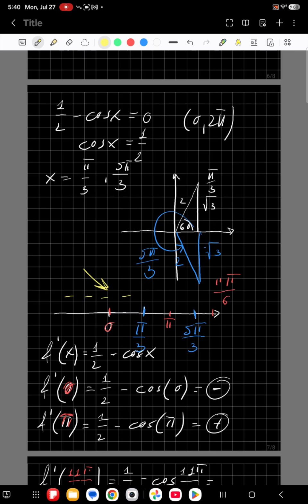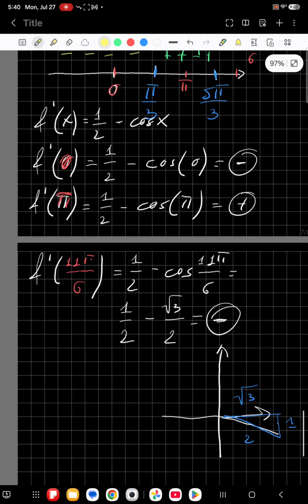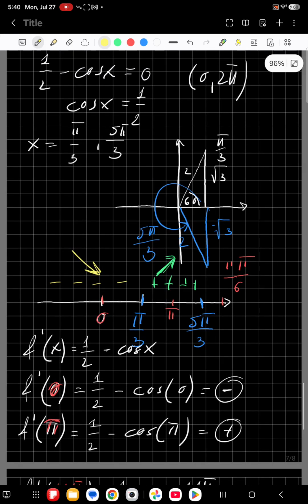Then for that second interval I have positive signs, so plus plus plus plus, and the function is increasing. And for the last interval it was also negative, if I remember right. Yeah, negative. The last interval is here, and the function is also decreasing.